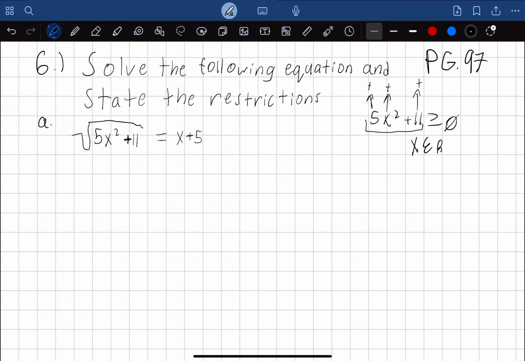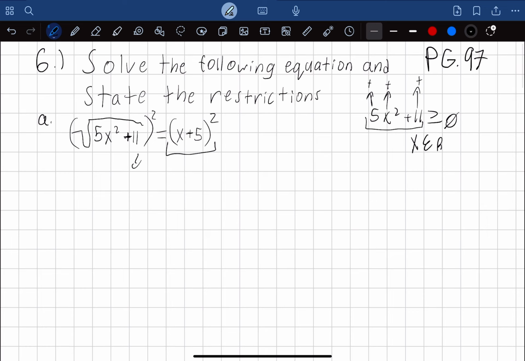So now getting into solving, we're simply going to square both sides. And we do not have to worry about the negative root on the right side. Again, because we know that the square root will always come out as positive, we don't have to worry about the negative root.